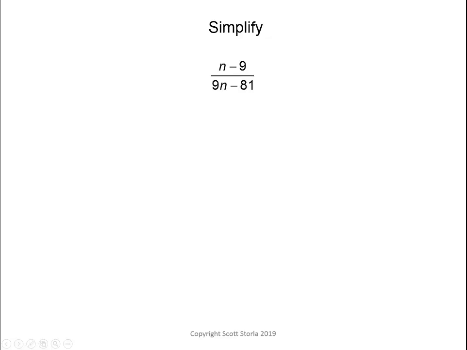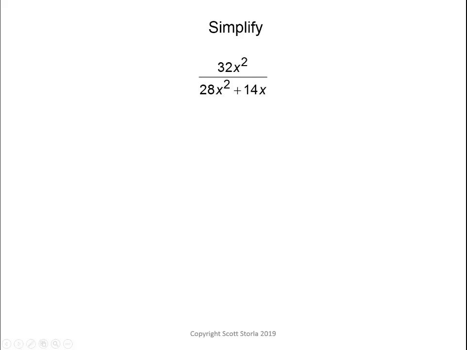Try this one. Here we have a greatest common factor of 9 in the denominator, and in the numerator we think of this as 1 times n minus 9. That way we do have factors which can reduce, and we're just left with 1/9.